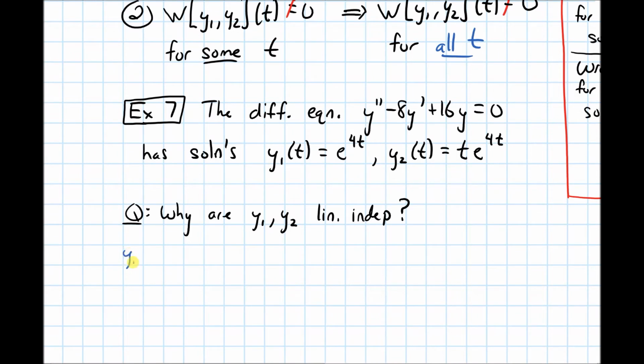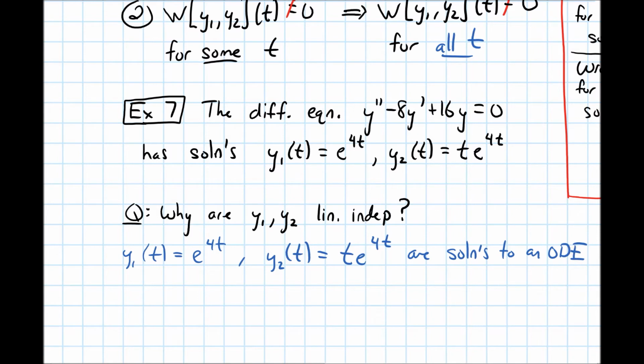So first off, we know that y1 of t, which is e to the 4t, and y2 of t, which is te to the 4t, these are actually solutions to an ODE. So that lets us apply our theorem about Wronskians. Our two functions need to be solutions to our ODE to be able to apply that theorem.